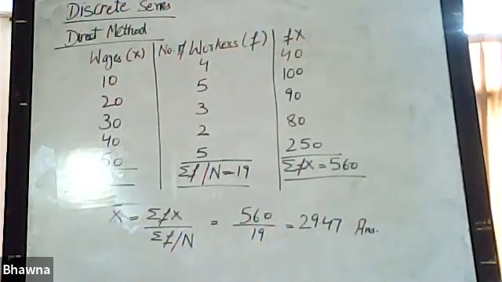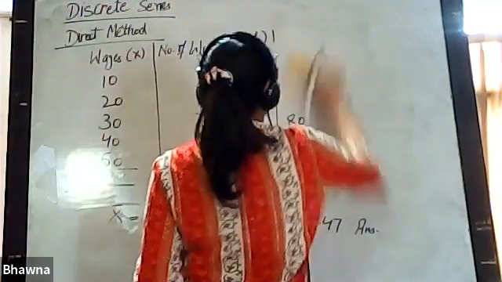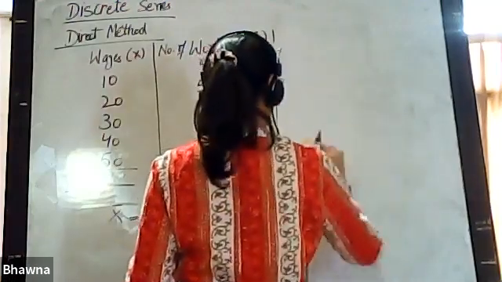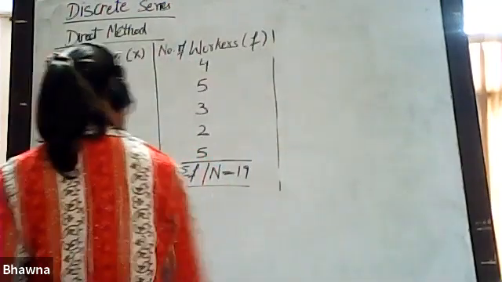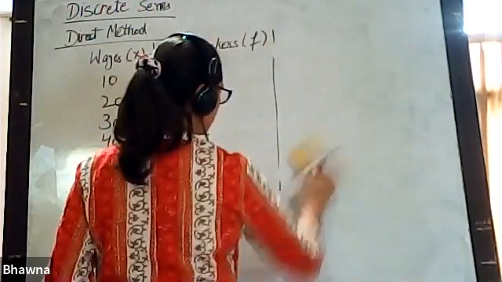Now we have to solve another sum with another method, the shortcut method, with discrete series. To solve by the shortcut method, we are taking the same example, the same values.